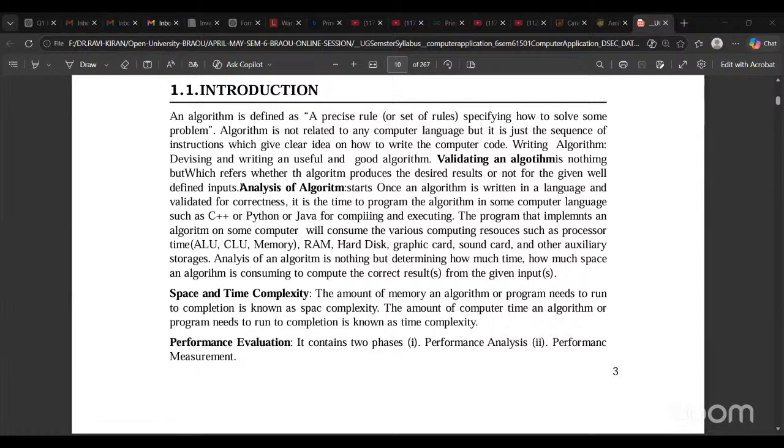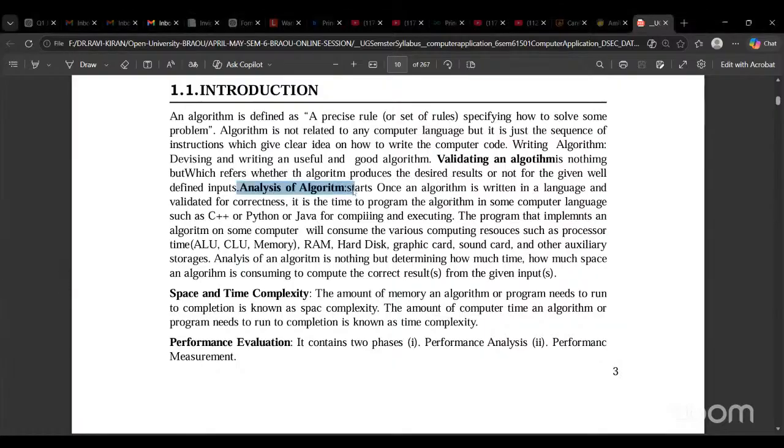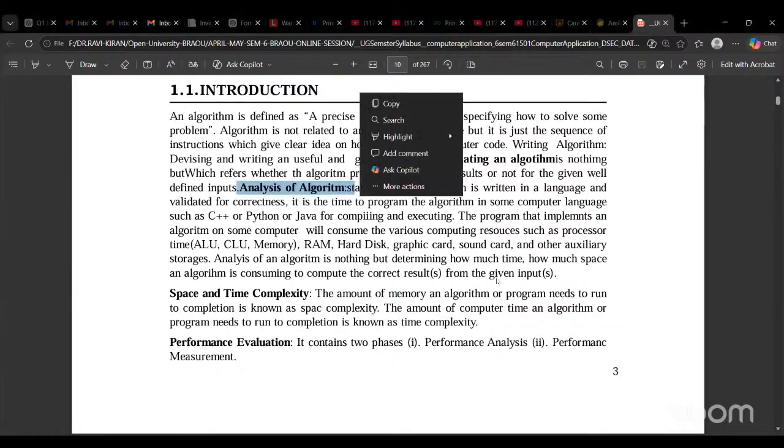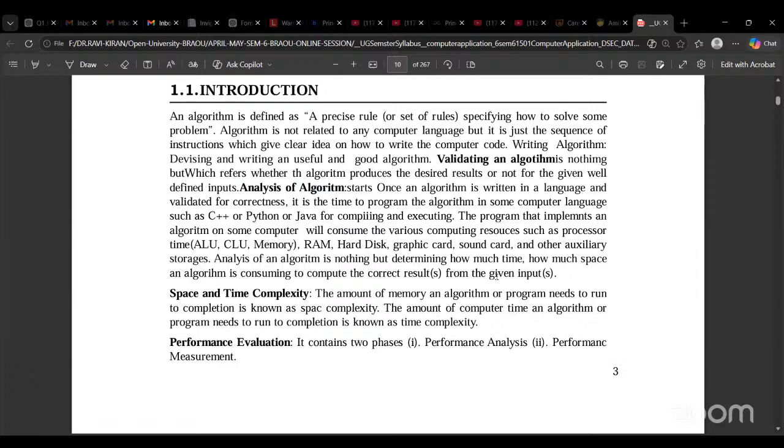So how to analyze that algorithm then? Once an algorithm is written in a language and validated for correctness.